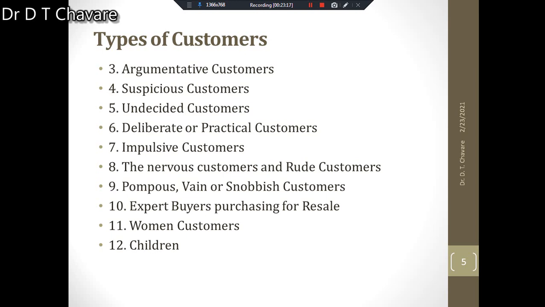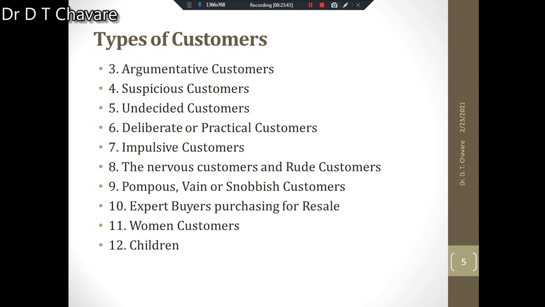They are non-decisive persons and lack concentration power. Try to understand, they always postpone their decisions. Perhaps they expect that a much better offer will come in the future. So they hesitate to take the decision and make purchase actions. Such type of customers are also there, and you should understand those customers also.